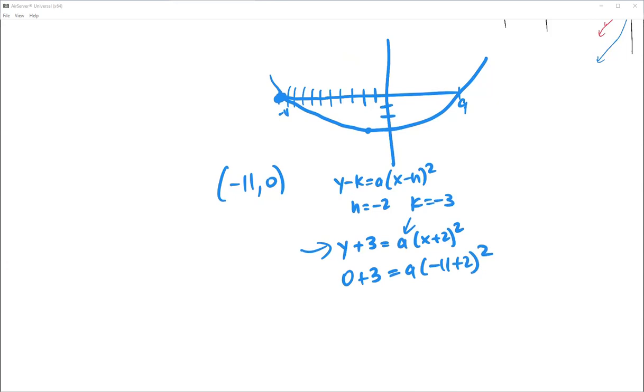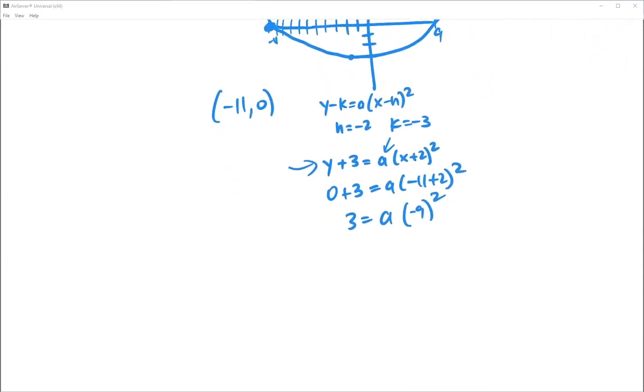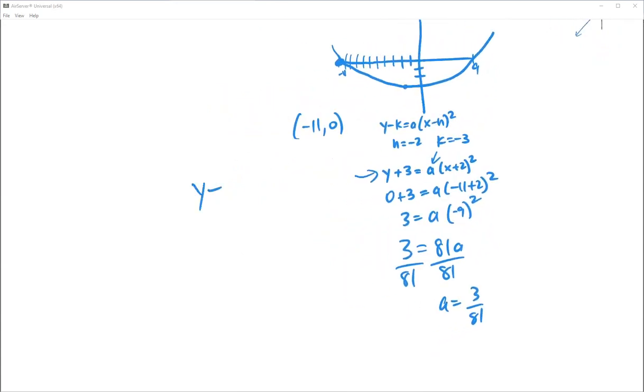This is 3 is equal to a times (-9) squared, and that's going to be 81. So 81a is equal to 3, and so a is equal to 3 over 81. And so it is y plus 3 is equal to 3 over 81 times (x plus 2) squared. Hopefully that helps you out with that.